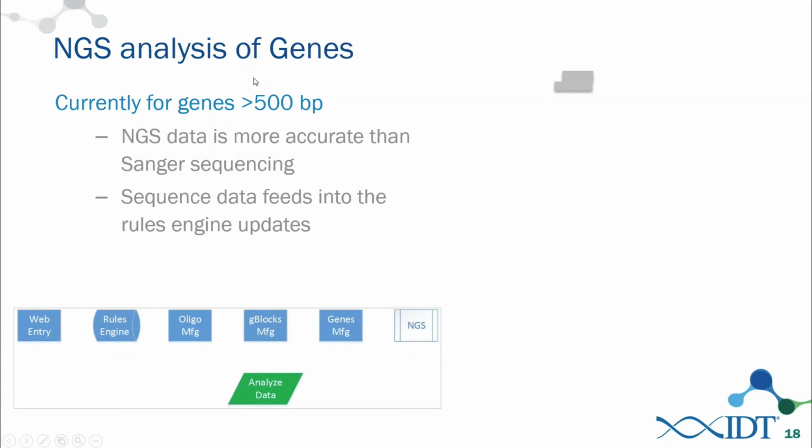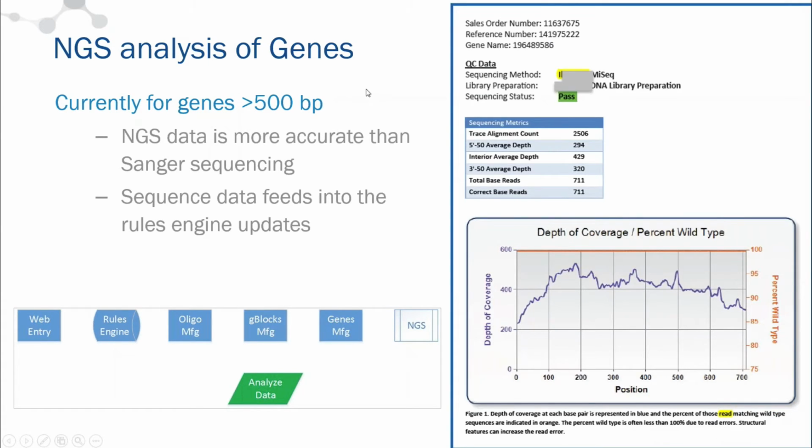One of the other really exciting things that we've seen recently is the incorporation of NGS analysis in our genes. We've started using NGS analysis for genes larger than 500 bases. The reason for this is it gives a very high depth of coverage of the genes, and that's really nice for a couple of reasons. One is it allows us to see if there's any minor populations within a sequence.